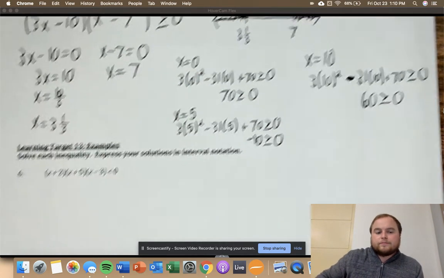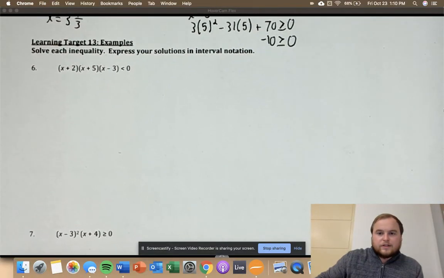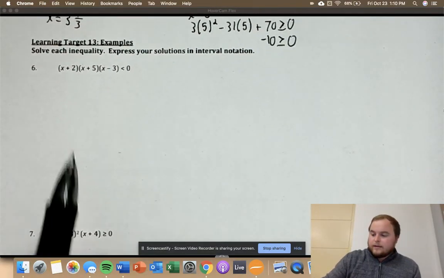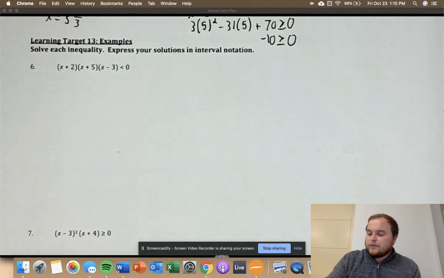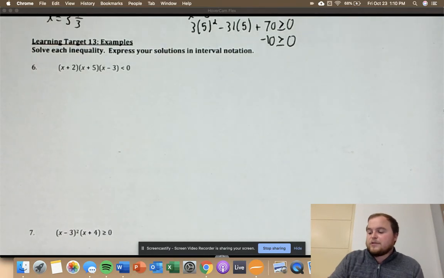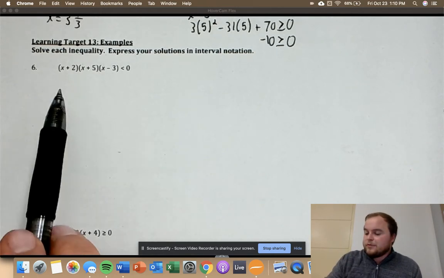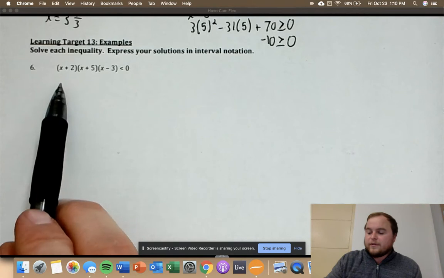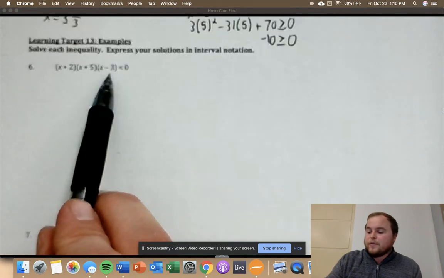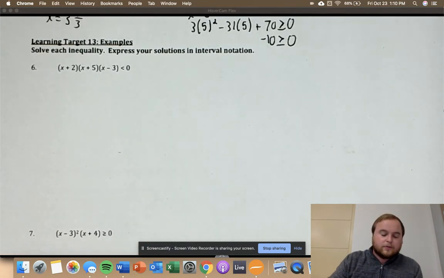So let's keep going. Number 6 here. Solve each inequality, express your solution in interval notation. Right? So here we have this inequality, and it's already given in a factored form, which is awesome because that kind of knocks out our first two steps, right?